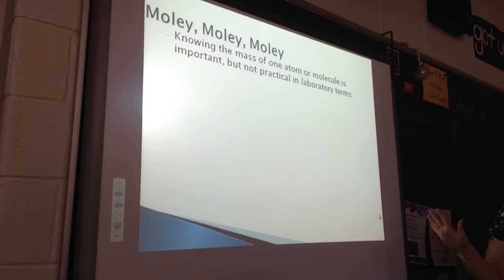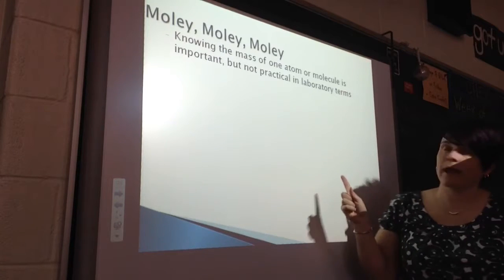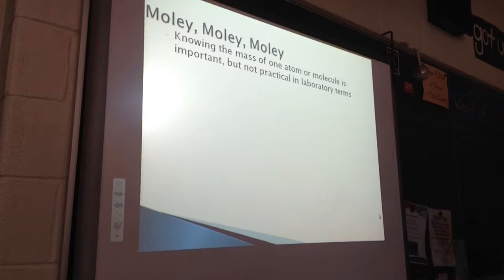So we're talking about moles, which is a cornerstone concept in chemistry. Yesterday we talked about how we figure out the mass of a single atom, a single molecule, or a single formula unit. If we want water's formula mass, we add up the mass of 2 hydrogens and 1 oxygen.